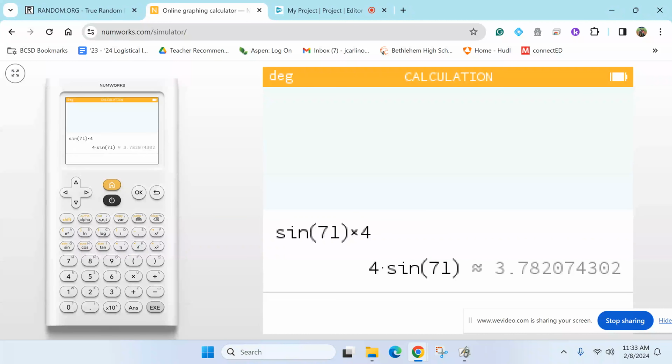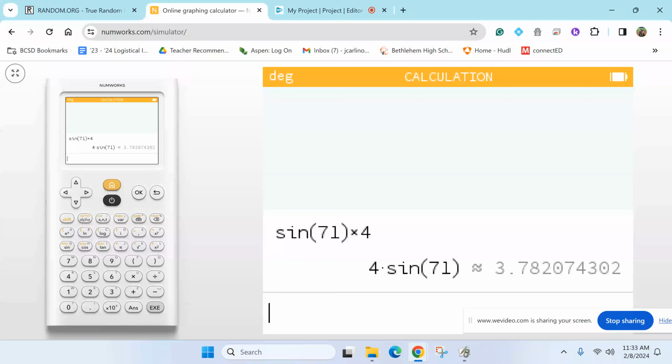Everyone's incorrect. You're all wrong. It's not 3.8. And I'm going to do this to you more and more in this unit. We got to be locked in to the diagram and what I ask you to round to. What do I mean by that?